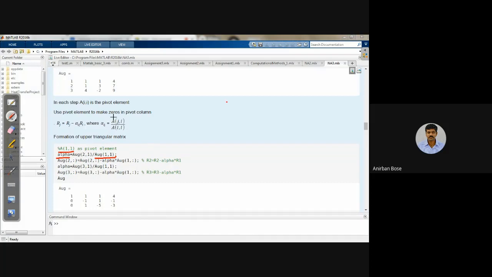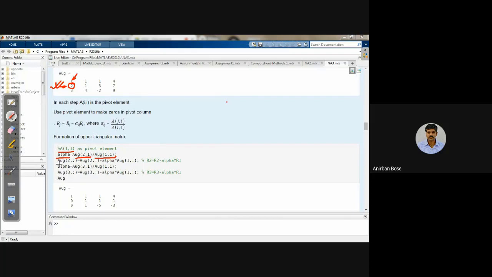If you see this particular matrix, this is basically 1 1 and augmented 2 1 is basically this value, divided by augmented 1 1, which is the pivot element. Okay, so this is the alpha value when you are considering 1 1 as the pivot element and you are operating on the row 2.